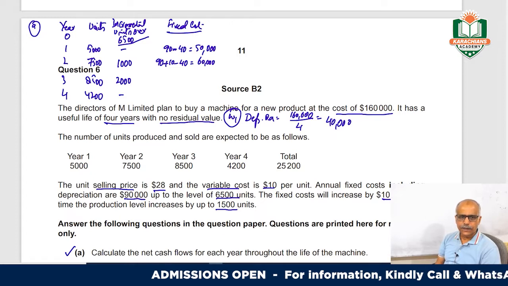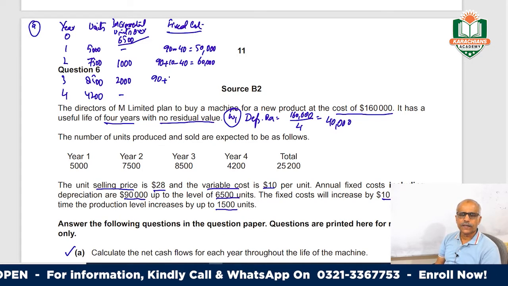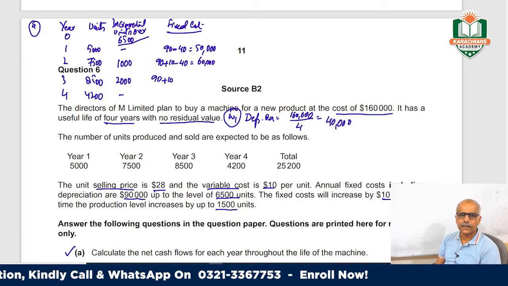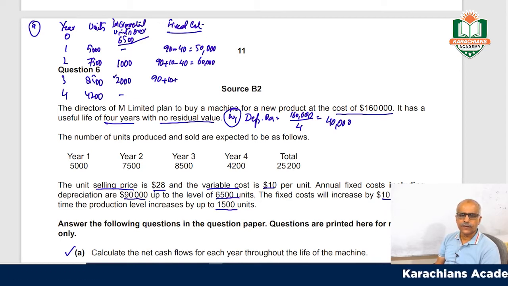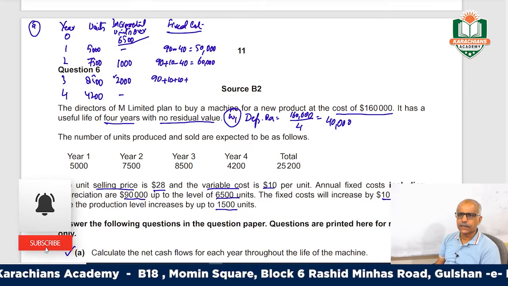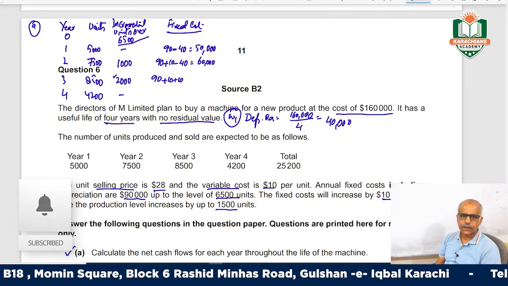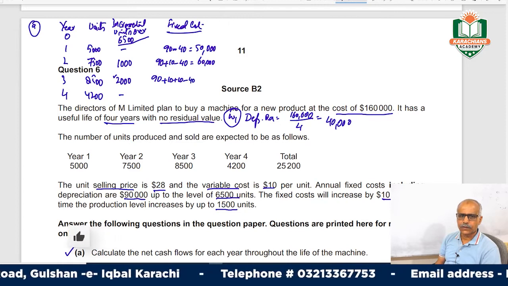In year 3, 90,000 will be your fixed cost, plus for the initial 1,500 incremental units 10,000, and because you are producing an incremental 2,000 units, for the remaining 500 another 10,000, then minus depreciation of 40,000.